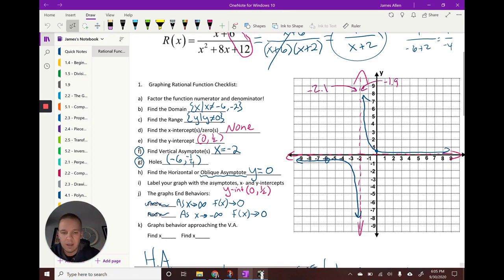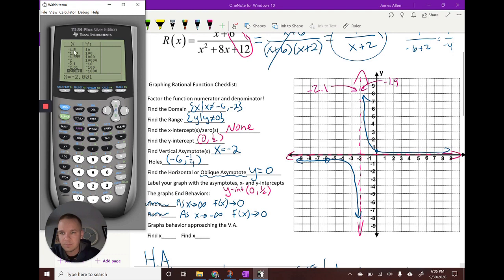So what I've done here with my calculator, my table of values, I did -1.9, then -1.99, then -1.999, and then this one actually up here, we got 4 nines there. But as you can see, the number keeps going up, up, up, up, up. And if we keep going closer, closer, and closer, it's just going to keep soaring. It's going to get huge, right? It's approaching positive infinity.